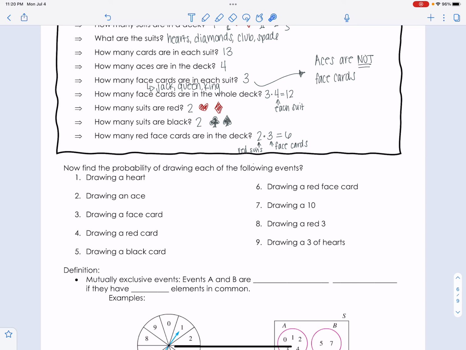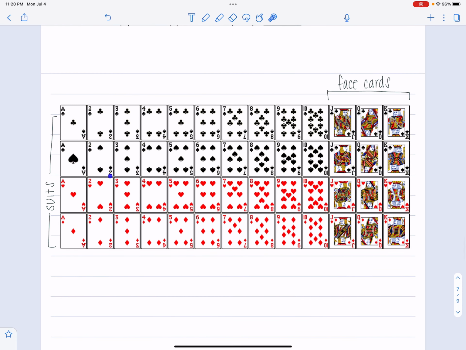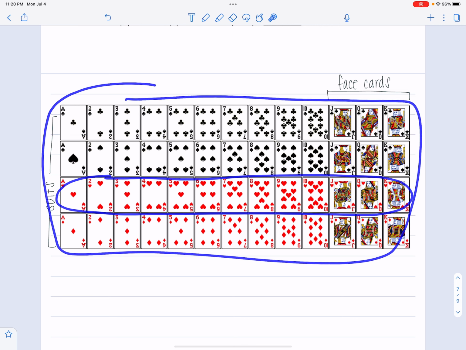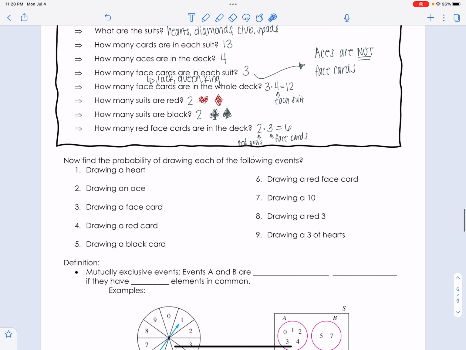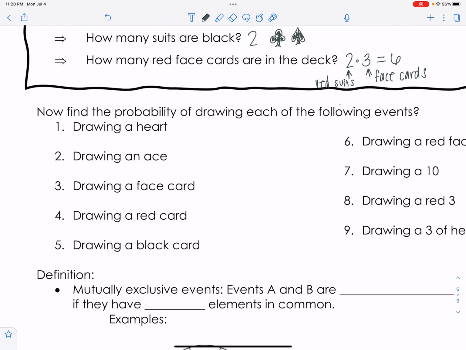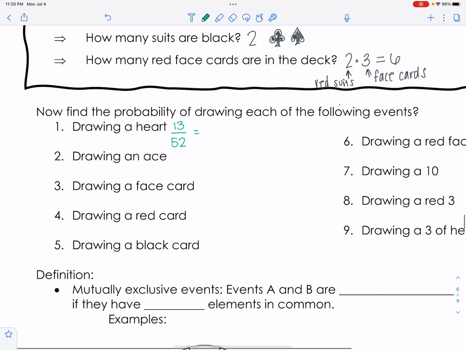So the first question says, now we're going to find the probability of drawing each of the cards. Drawing a heart. There's going to be 13 total hearts out of a total of 52. And so the probability of drawing a heart is going to be 13 out of 52, and that will reduce down to 1/4.